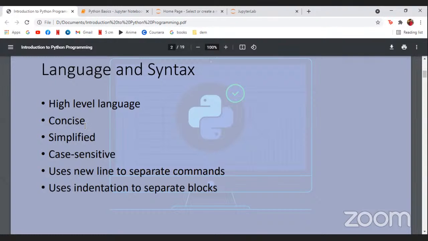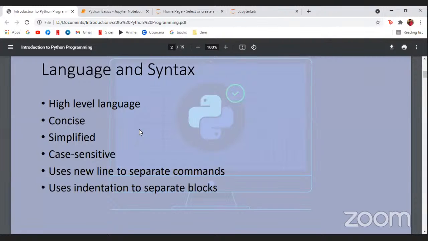Python is also concise, which means you can do a lot with a little code. There are a lot of modules and predefined things in Python that you can just import and use directly, which keeps code small and readable. It's also simplified, meaning things named in Python, for example a function you call from another module, will be named according to its use.